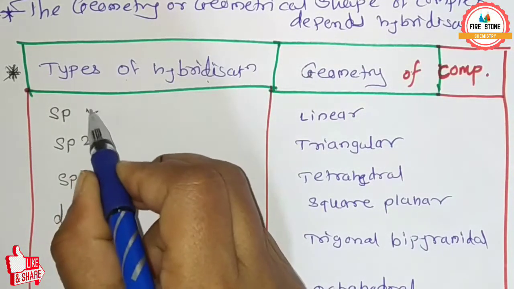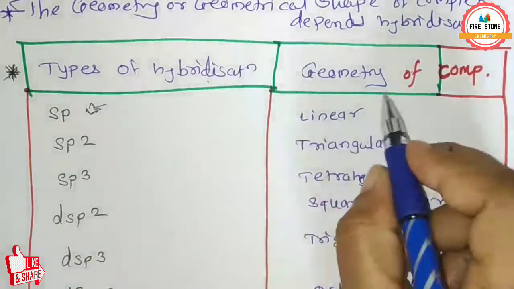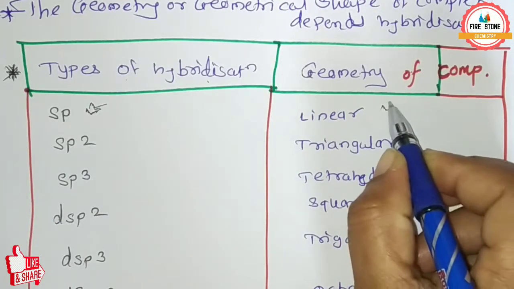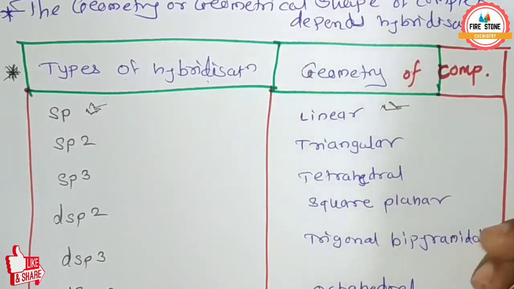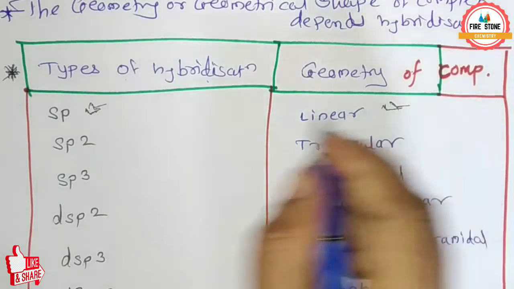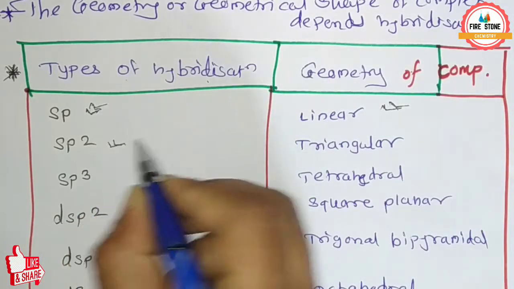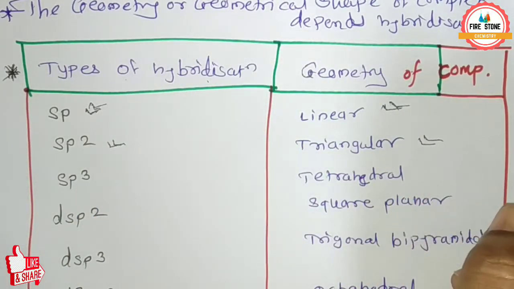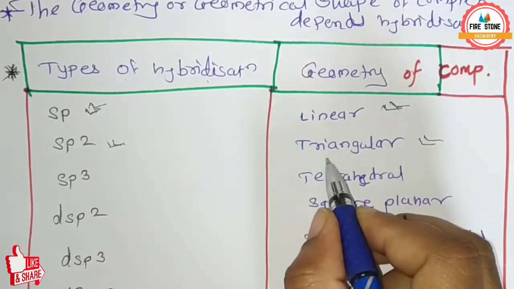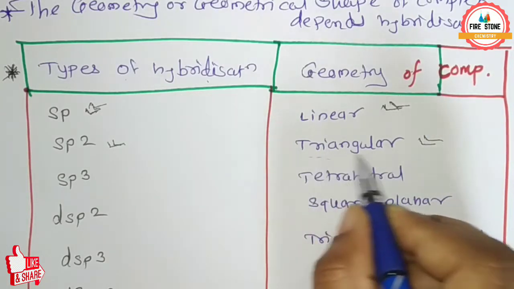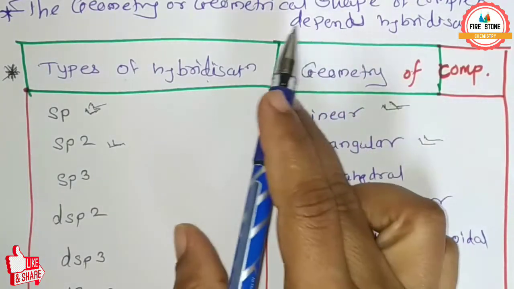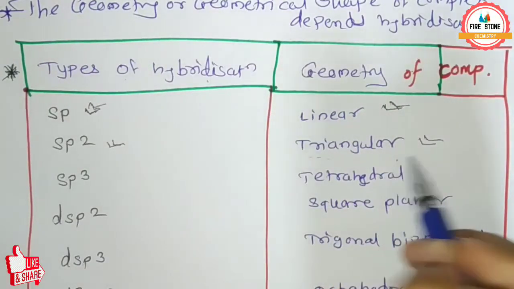First is sp hybridization. The geometry of the compound is linear. Again, sp2 hybridization, the geometrical shape is triangular.